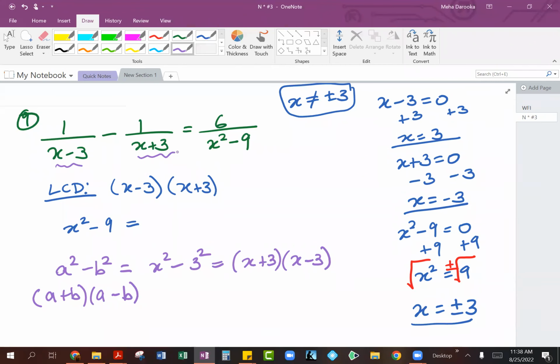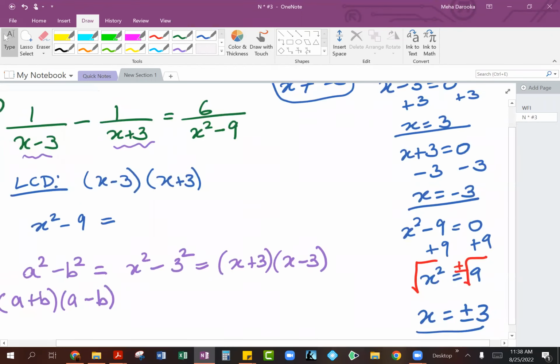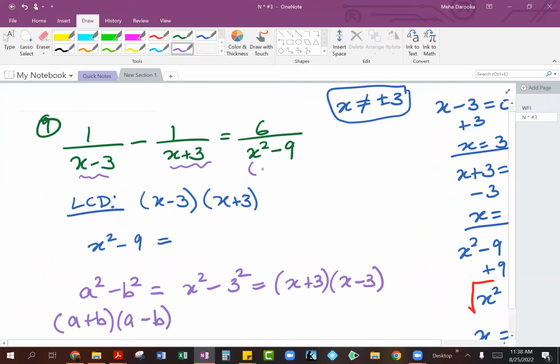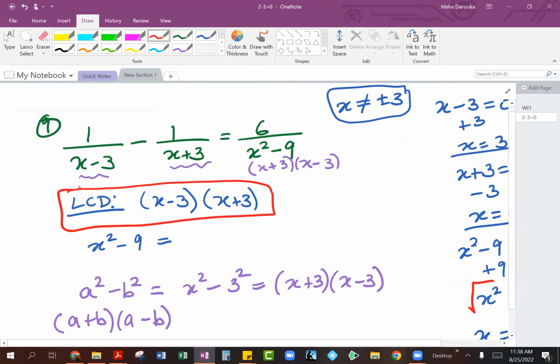So as you can see, my third denominator basically breaks down into a combination of x plus 3 and x minus 3. And so that's why your least common denominator comes out to be x minus 3 and x plus 3.